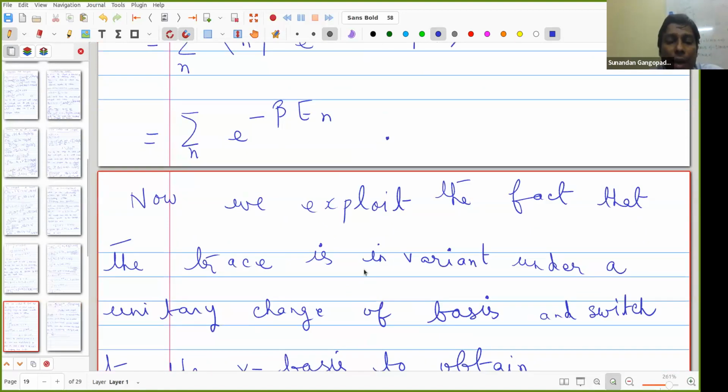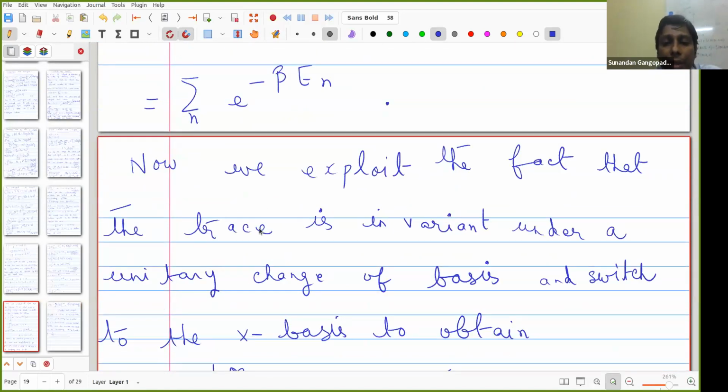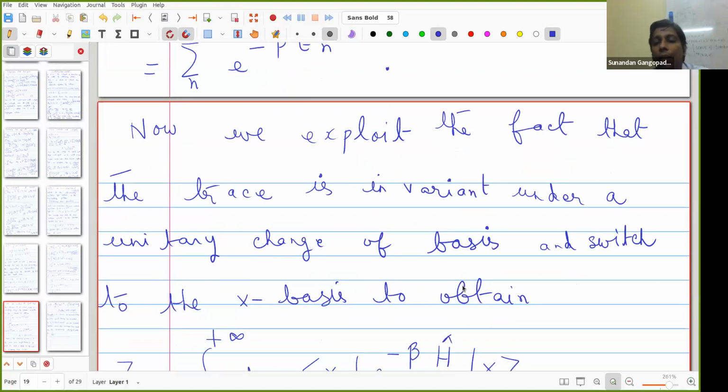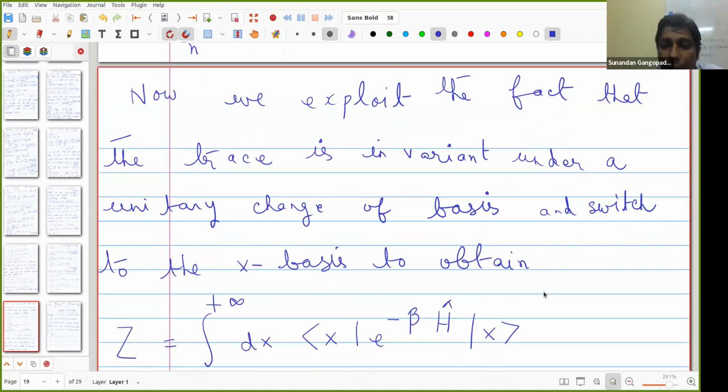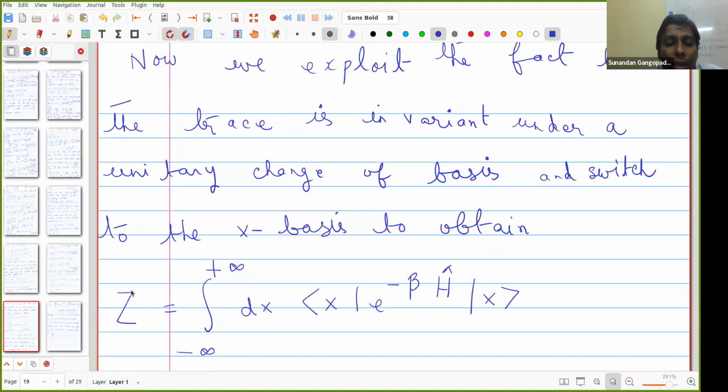We now exploit the fact that the trace is invariant under a unitary change of basis. So it doesn't matter in which basis we evaluate the trace; you can evaluate it in any basis. What we do is switch to the x basis, the position basis, and write the trace in the following way.